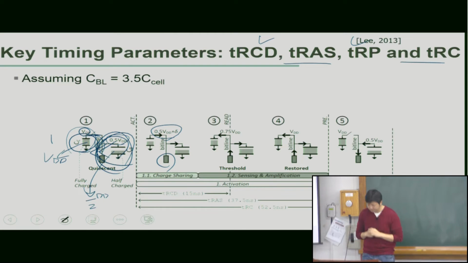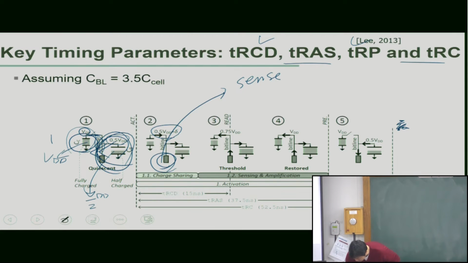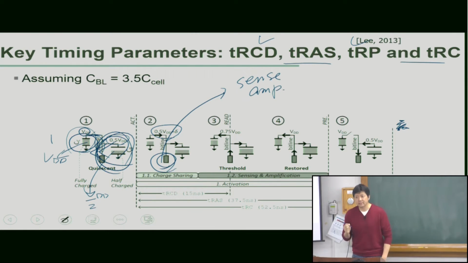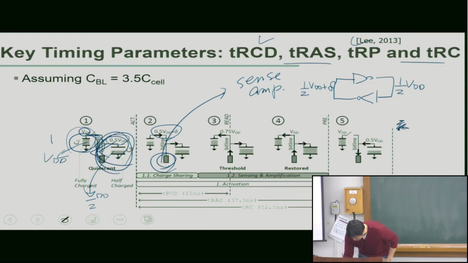Okay? So in a sense, you can think of it this way. Let's say we have something like this. This is called a sense amplifier. What this sense amplifier does is, let's say you have a cross-coupled inverter like this. And let's say this one is originally charged to 1/2 VDD, and this one is originally charged to 1, so now this one becomes 1/2 VDD plus a small delta. Okay?